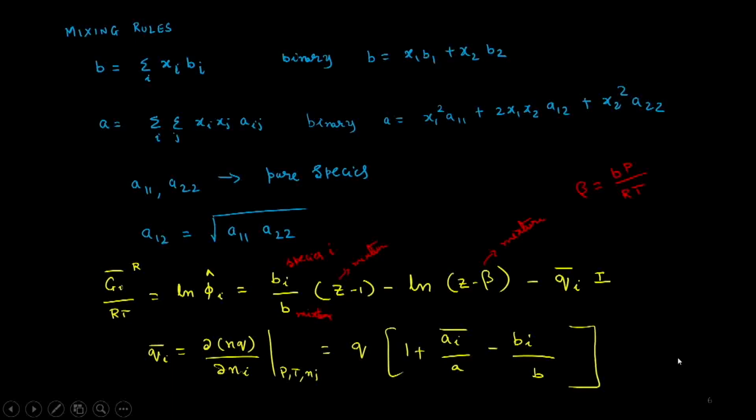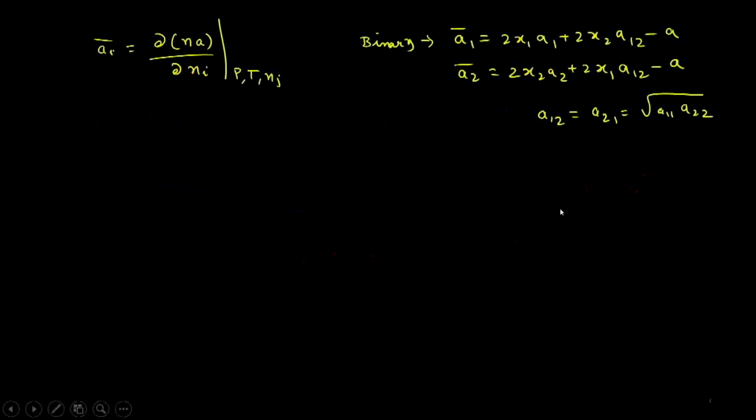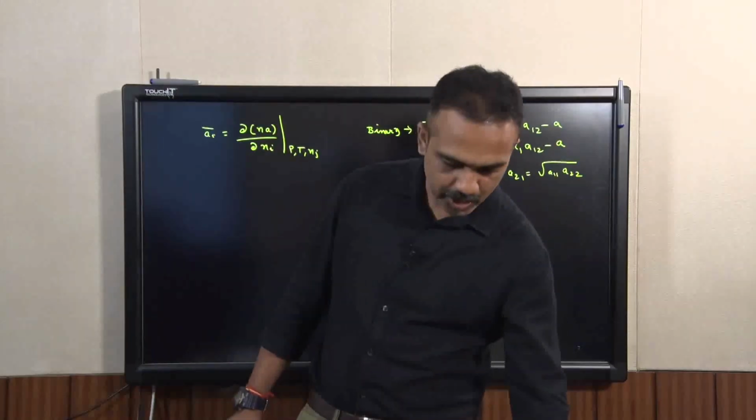And finally, qi bar is given by the expression here, which in turn has A and B, the partial molar A and B for the mixture. Bi is for the species i, and the partial molar A itself is given by the definition here, and we can reduce it in terms of A1s and A12s for a binary mixture, right? So once I have this information, I should be able to calculate the fugacity of species i in the mixture.